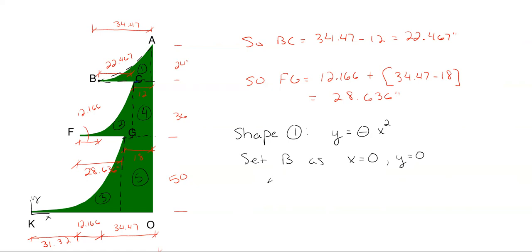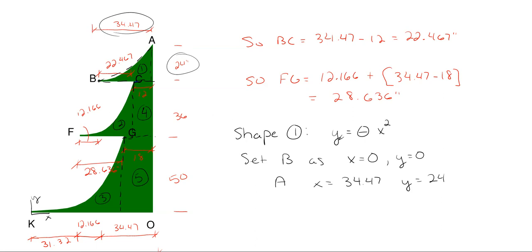So what this means is at point A, because of my coordinate system here, my x would be equal to 34.47, and my y would be equal to 24 from this dimension right here and this one right there.